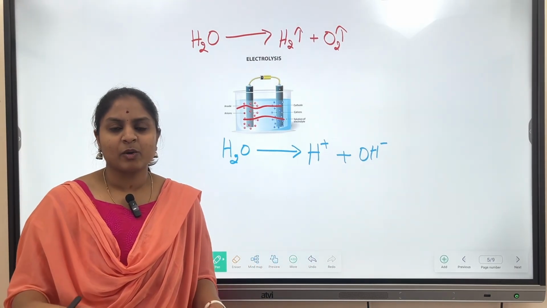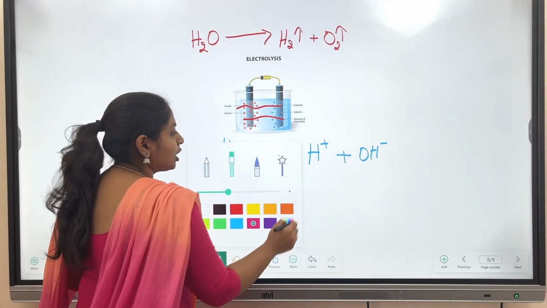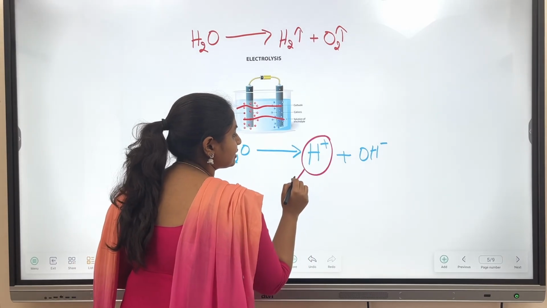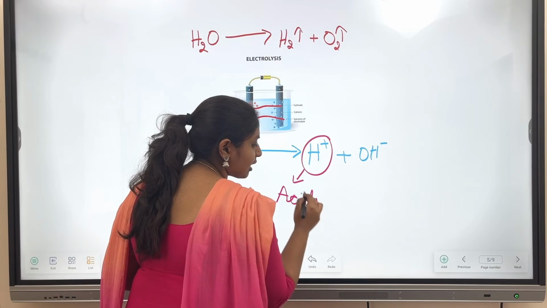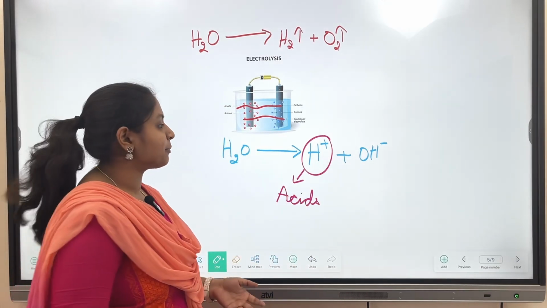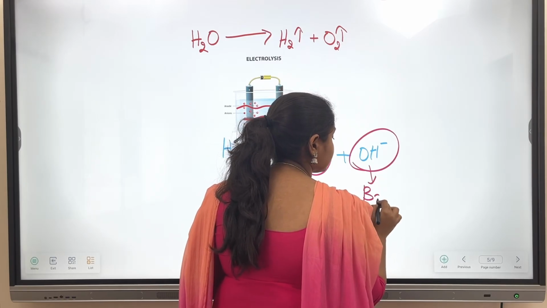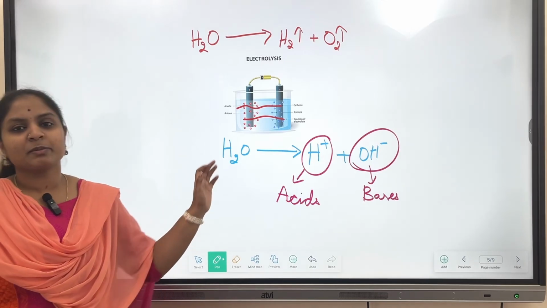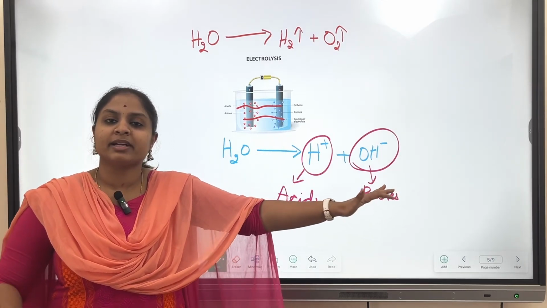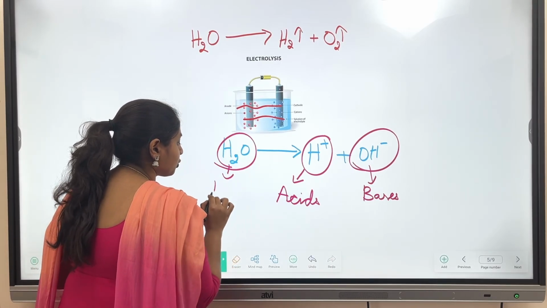So any compound that is capable of giving H plus ions, we call them acids. And any compound that is capable of giving OH minus ions, we call them bases. And since water is capable of giving both H plus and OH minus ions equally, we call it neutral.